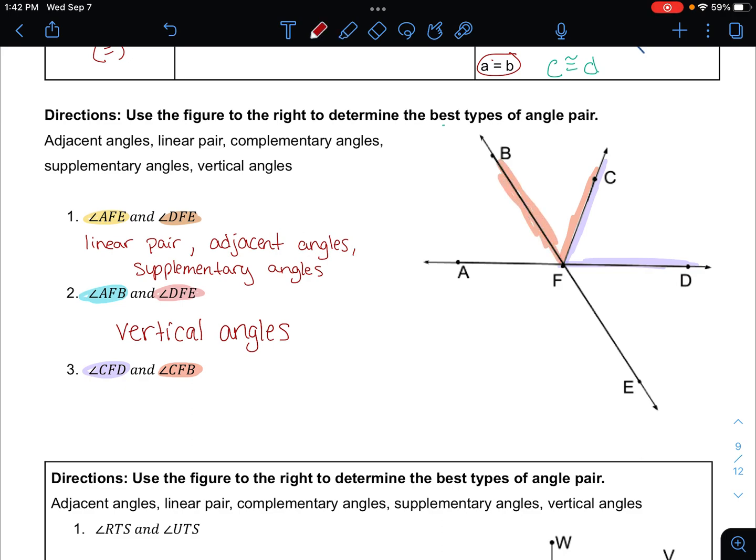Okay. It does not form a line, so I can't put linear pair. I can put adjacent because they were touching. They shared that ray. I can't put complementary because I don't have numbers. I can't put supplementary because I don't have numbers or linear pair. And they are not vertical angles. So that would be it for that one.